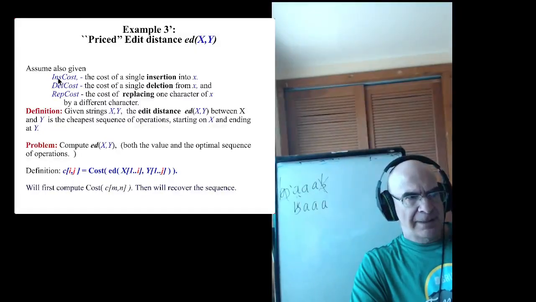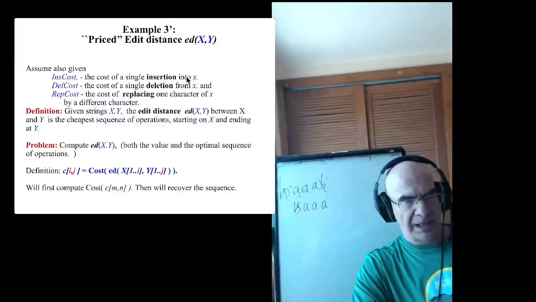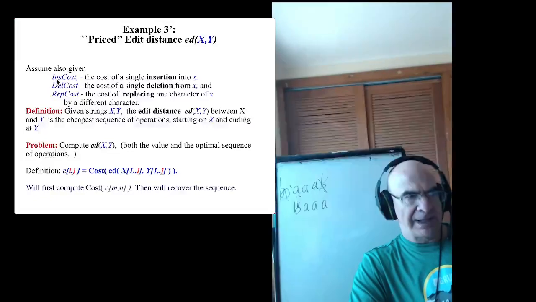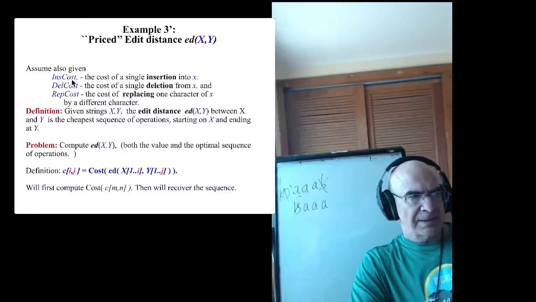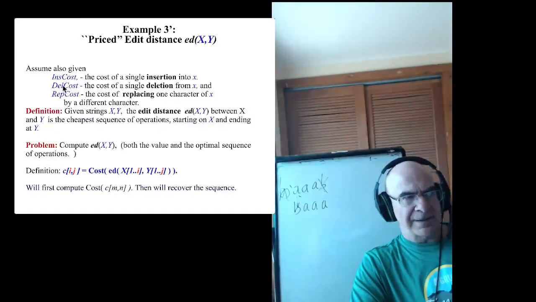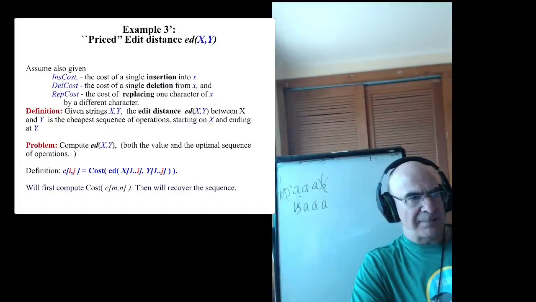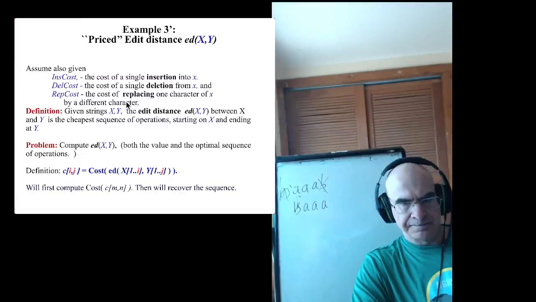One will be the cost of inserting one single character into X, and that will be the insert cost. It's some value that the user told you. It has a cost which might be different than the cost of a single deletion from X. Might be the same, might be different, and the cost of one replacement of one character into a different character.